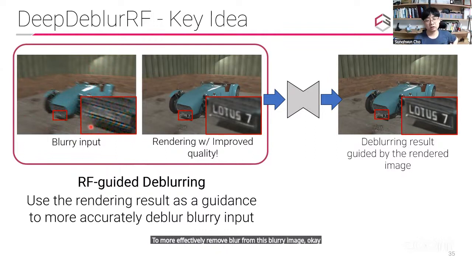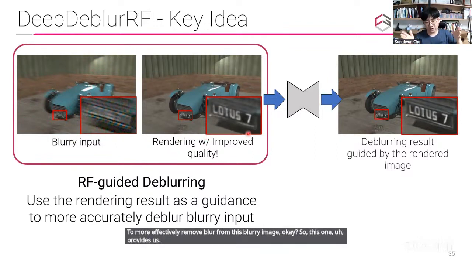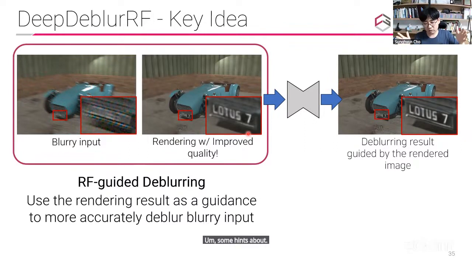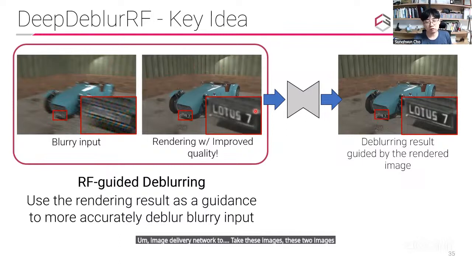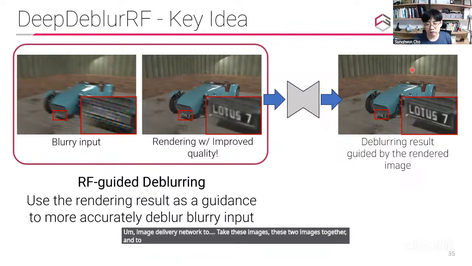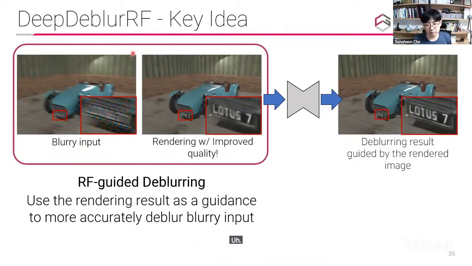This one provides us some hints about what the sharp image would look like. So we train a deep learning network to take these two images together and to produce a deblurring result for this blurry input.